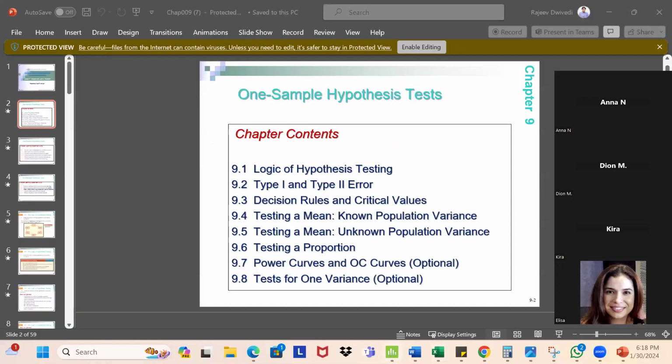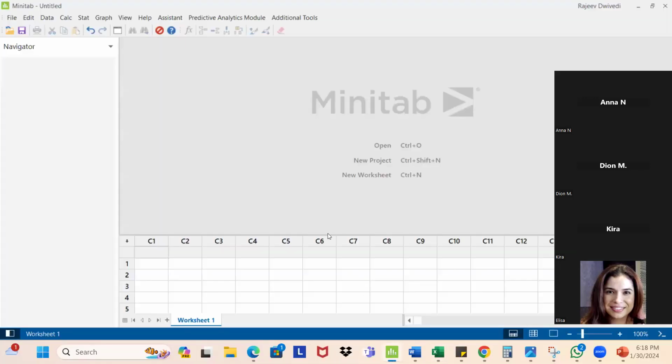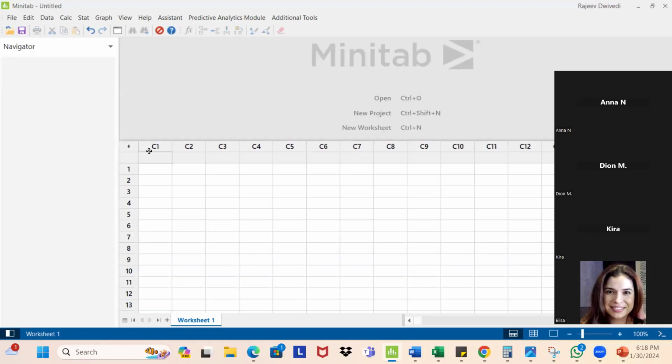Okay, so this is my Minitab, and let's say here I am just South Hill Spokane. So home value. What I'm going to do is enter random data here using the random calculator.